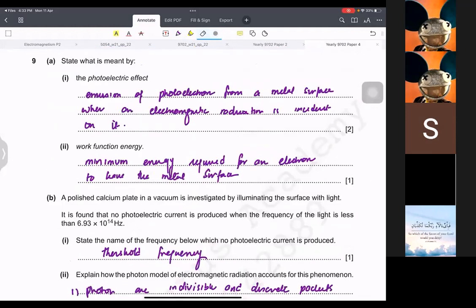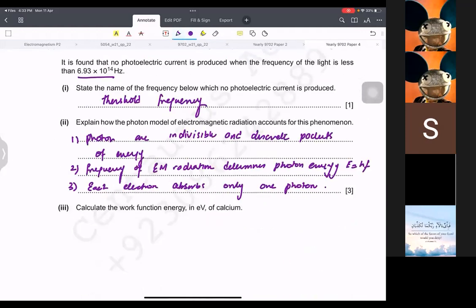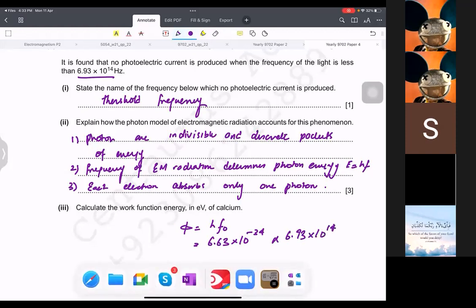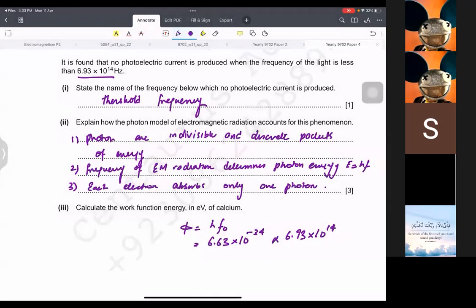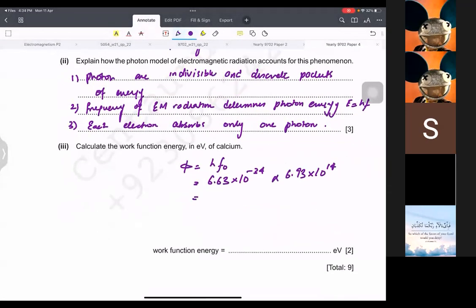Now they ask to calculate the work function. So we already have the frequency. The work function is equal to h f naught. 6.63 times 10 to the power minus 34, and f is 6.93 times 10 to the power 14. That gives 4.59 times 10 to the power minus 19.